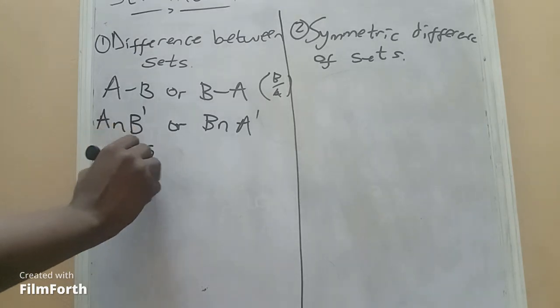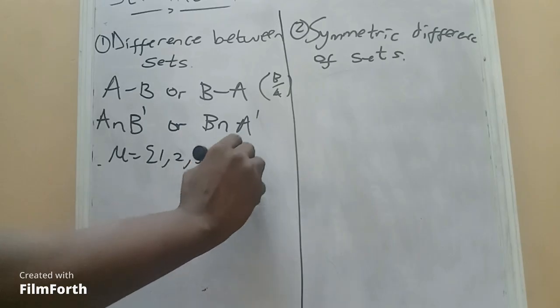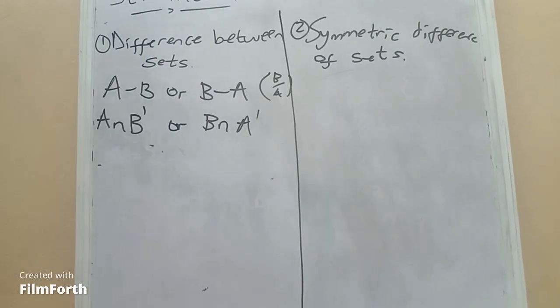Now, let's take for example, we have the universal set to be 1, 2, 3, 4, 5, 6. Most times we don't make use of the universal set, depending on how your question comes. So let's take this off and let's use set A and set B directly.